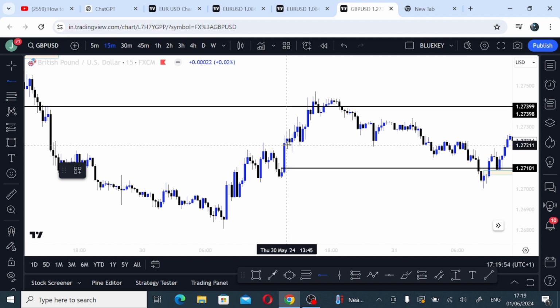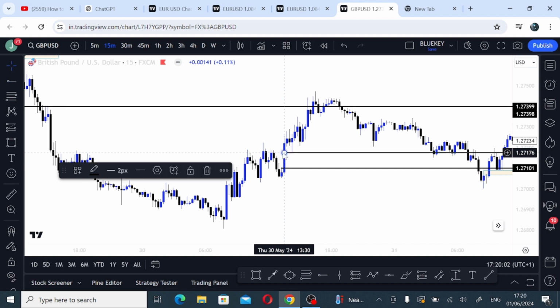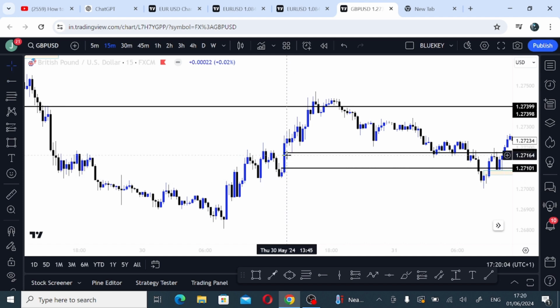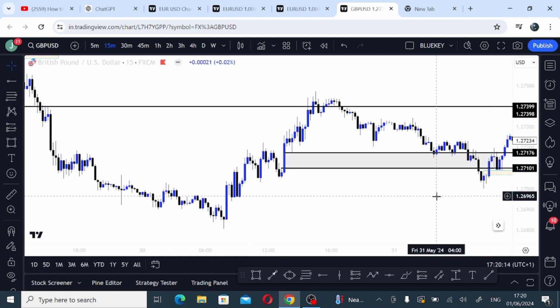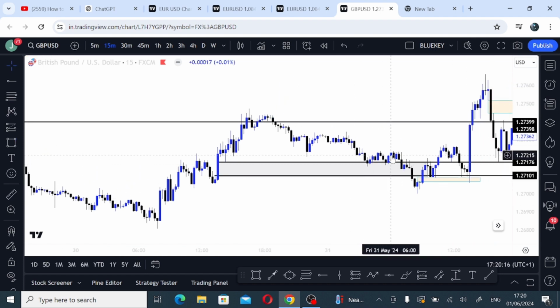But we're not going to use this because right here price actually tried to drop down to mitigate or close this imbalance. However, it still didn't close the imbalance completely, so we still have improper price action from this point to this point. We could draw it out like this using our rectangle so that we could see how price actually came in to finally close the imbalance. You can see right here price came and closed the imbalance, right?